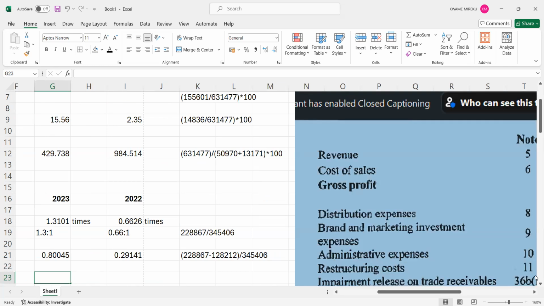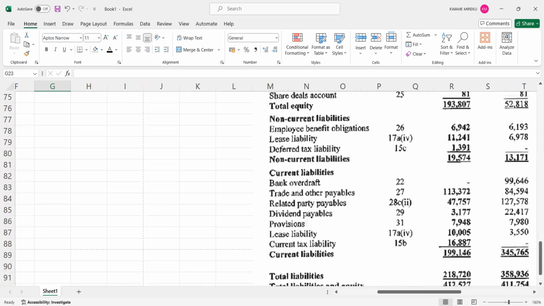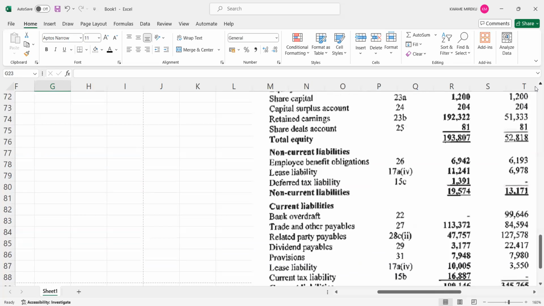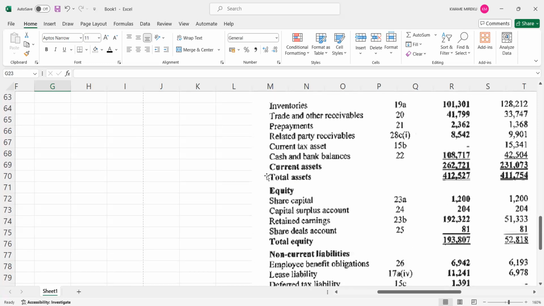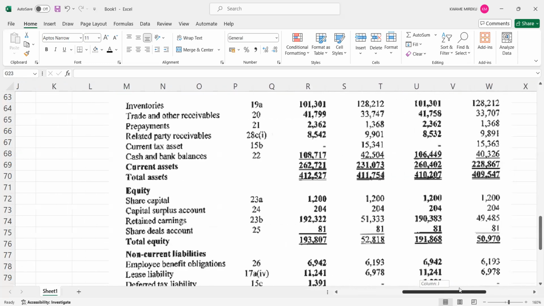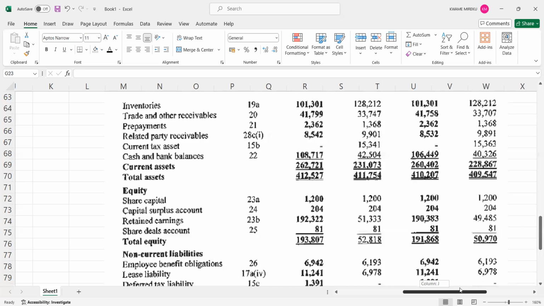So let me just go down and see the financial statement. For this one, the cash and cash equivalents. Okay, so basically that will be the cash and bank balances. In this case, I cannot see any liquid investment like fixed deposits or something that we can relate to. So we will pick the cash and cash equivalents.